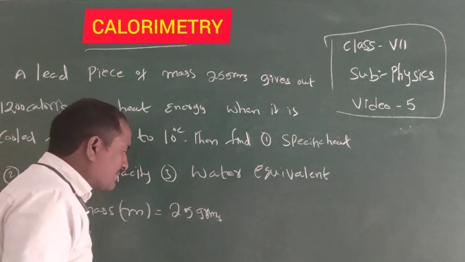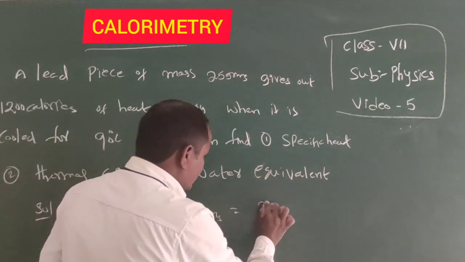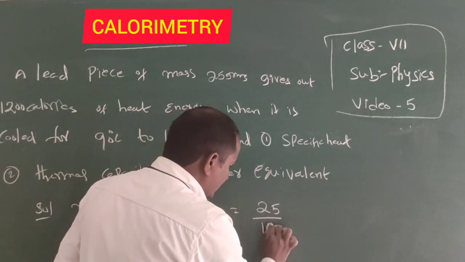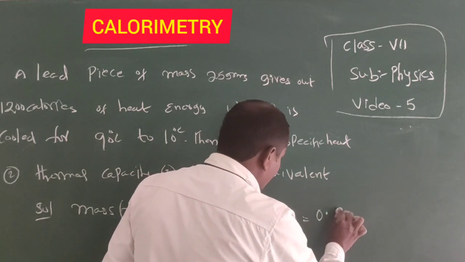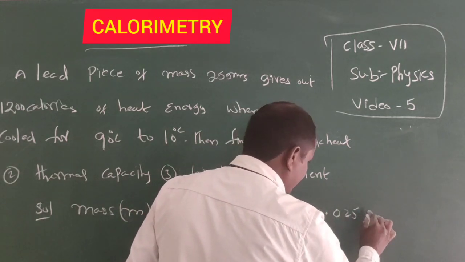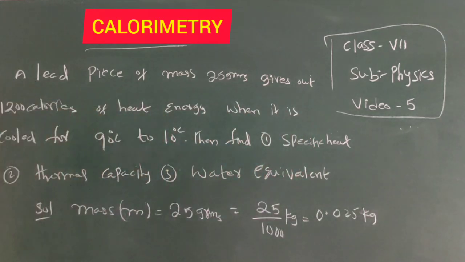We know that 1 gram equals 1 by 1000 kg, so 25 by 1000 kg equals 0.025 kg.